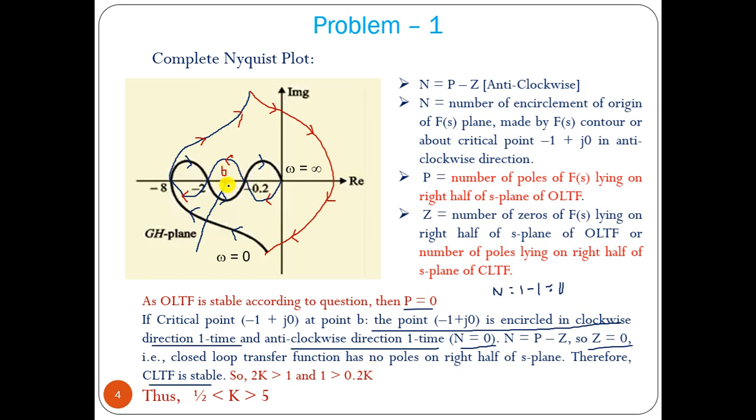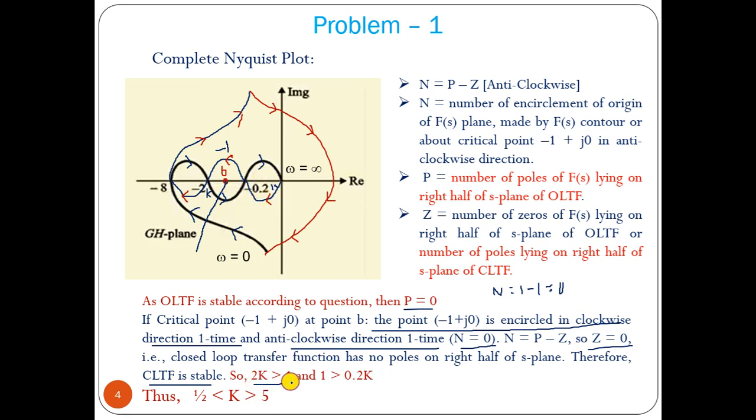Okay. What is the condition for that? If we consider this is minus 2k greater than minus 1, or 2k is greater than 1, right? 2k is greater than 1 and 0.2k is less than 1. If this B point is minus 1, then what you can write is 2k greater than 1 and 1 greater than 0.2k.